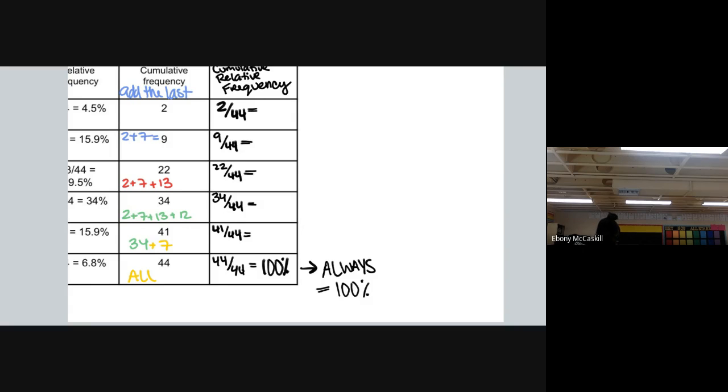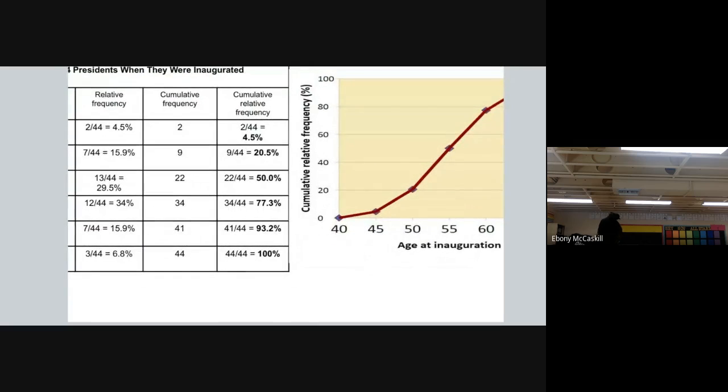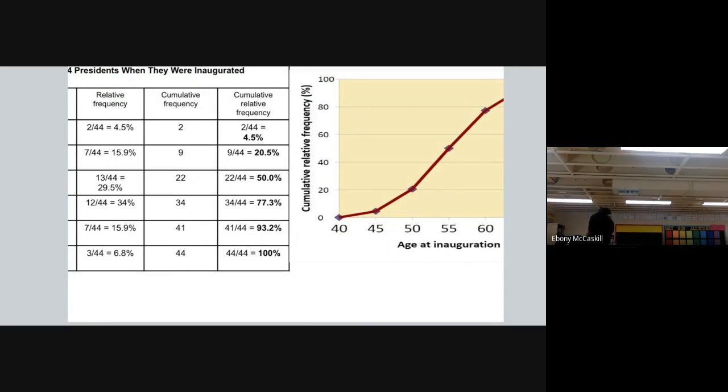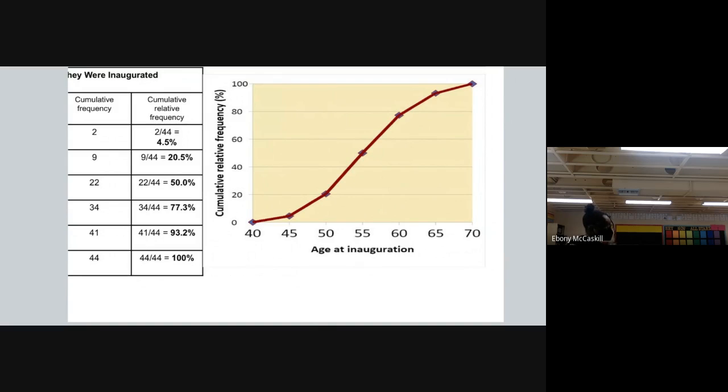Okay. Here's what you would have. Here are my percentages. I put my decimals into percents. And notice how I created a graph. So your graph plots the percentage as well as the age.